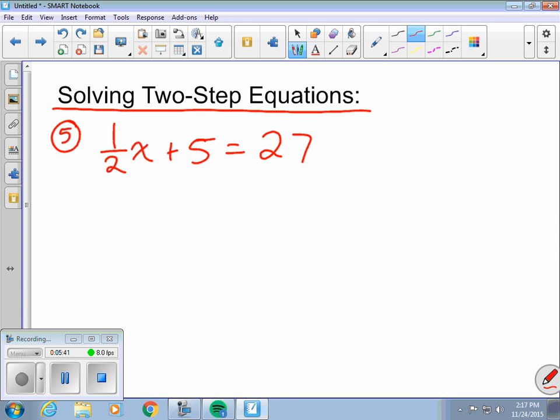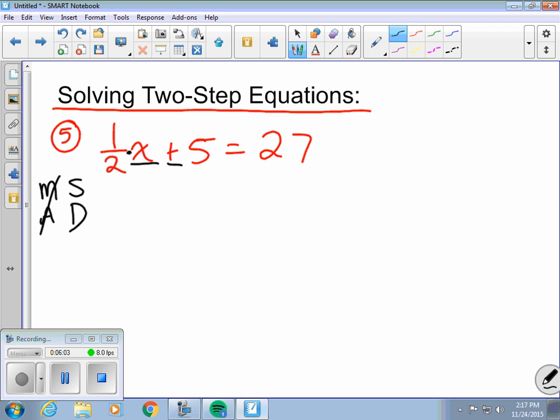If I put a value in here, first it would multiply, and then we would add. And so what I'm going to do is the opposite of those things. Instead of add, I'm going to first subtract, and then I'm going to divide.